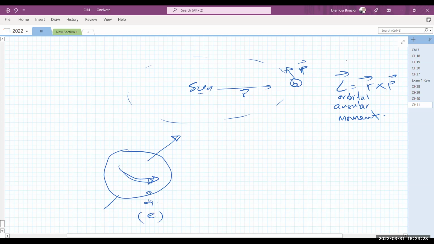Remember, in this case, the angular momentum turned out to be quantized, and the magnetic moment turned out to be proportional to this LZ, okay?